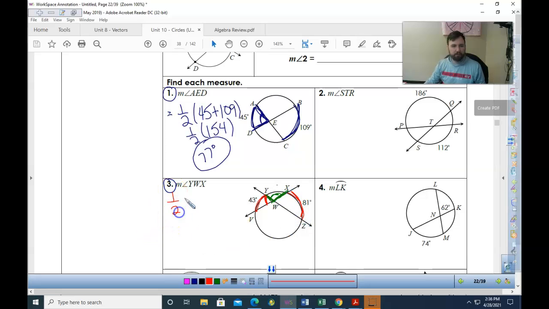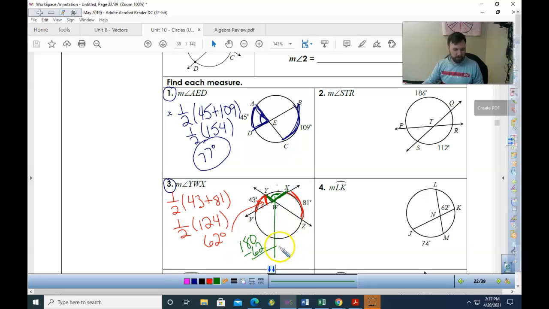So I do 1/2 times 43 plus 81, so 1/2 times 124, and that is 62 degrees. To find my green angle, I do 180 minus 62, which is 118 degrees. So the measure of YWX is 118.